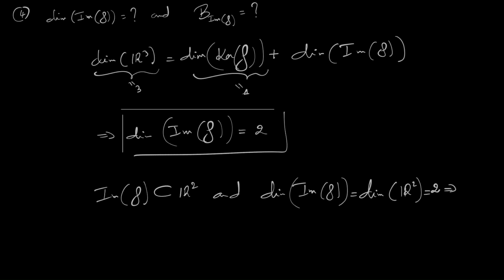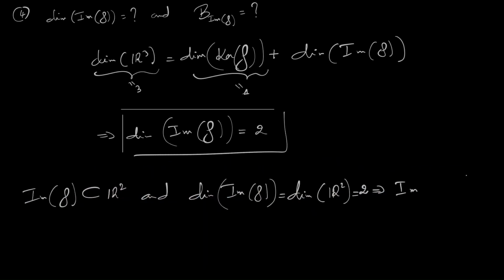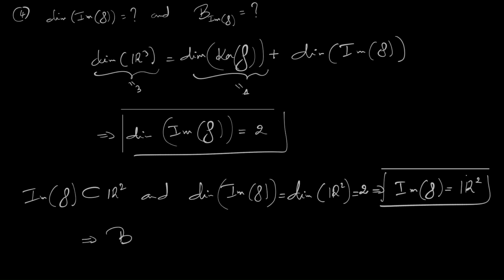Then we can write that the image of f is exactly R2. Therefore, we can simply use the standard canonical basis of R2 as our basis, and we can write: the basis of the image of f is the vectors (1, 0) and (0, 1).